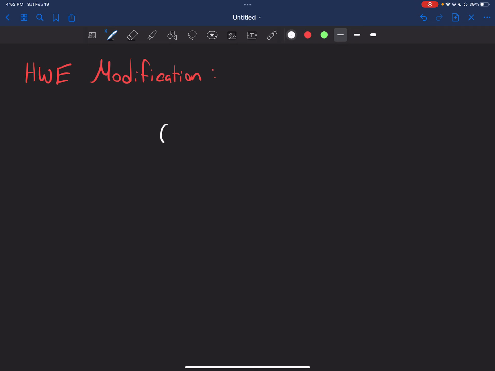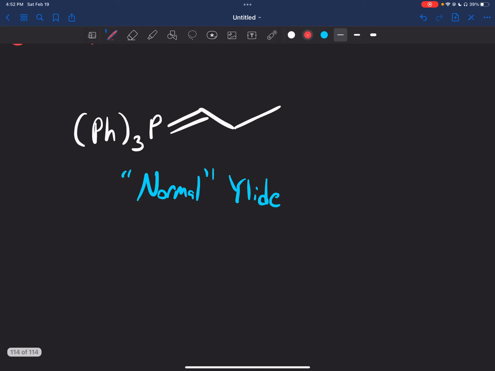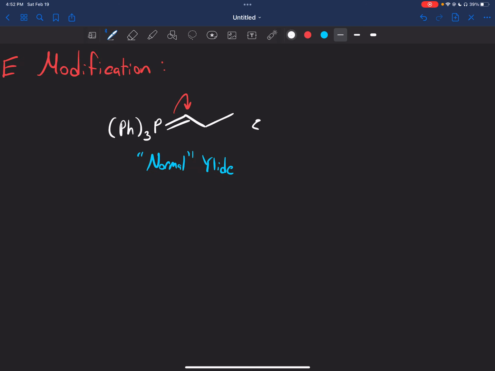In our normal Wittig, we had something that looks like this. This is our normal ylide. And remember how we did that whole resonance thing? That was the reason for why there's a double bond there. So the resonance structure looks like this.